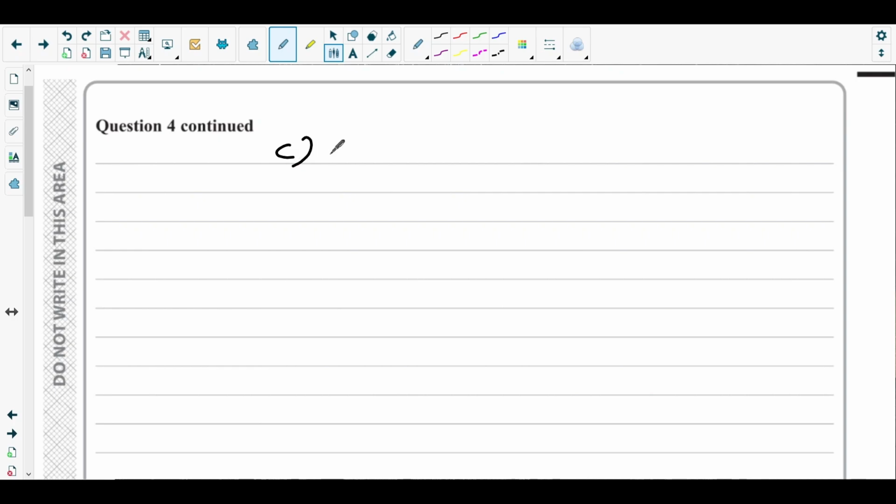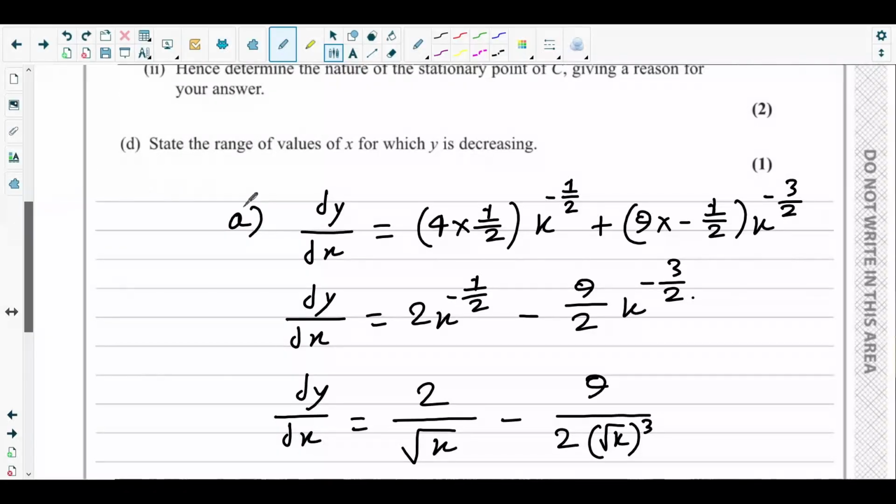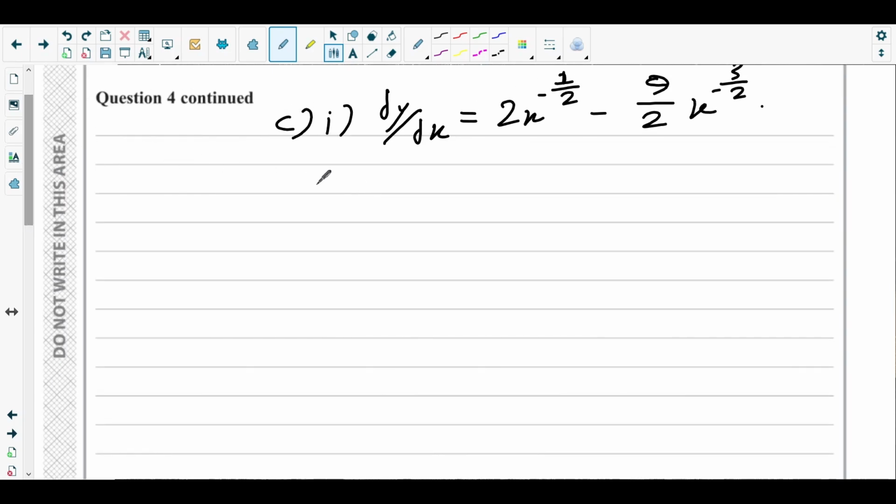For ease of working, let me write the first derivative we got so that the powers are visible: 2x to the power negative half minus 9 over 2 x to the power negative 3 over 2. Now we need the second derivative, d squared y over dx squared. What would that give you?